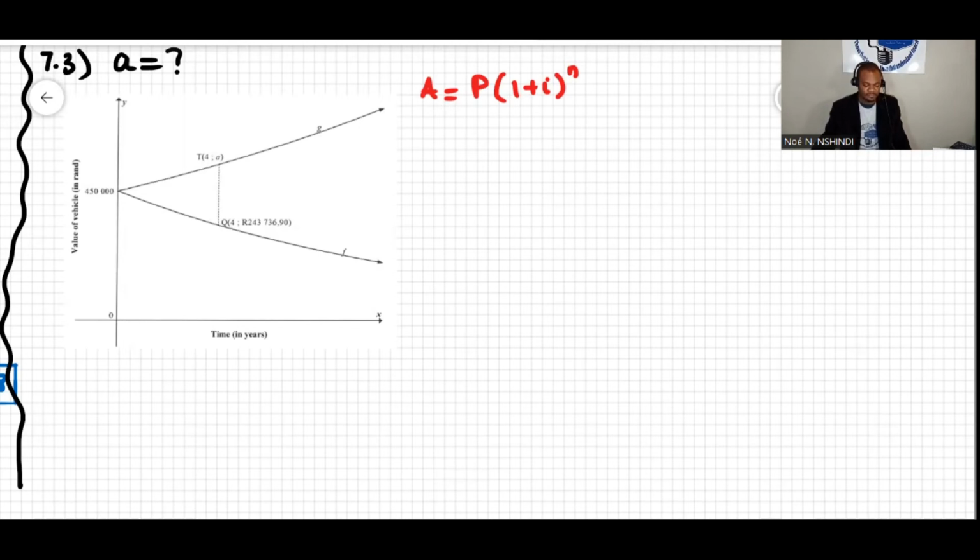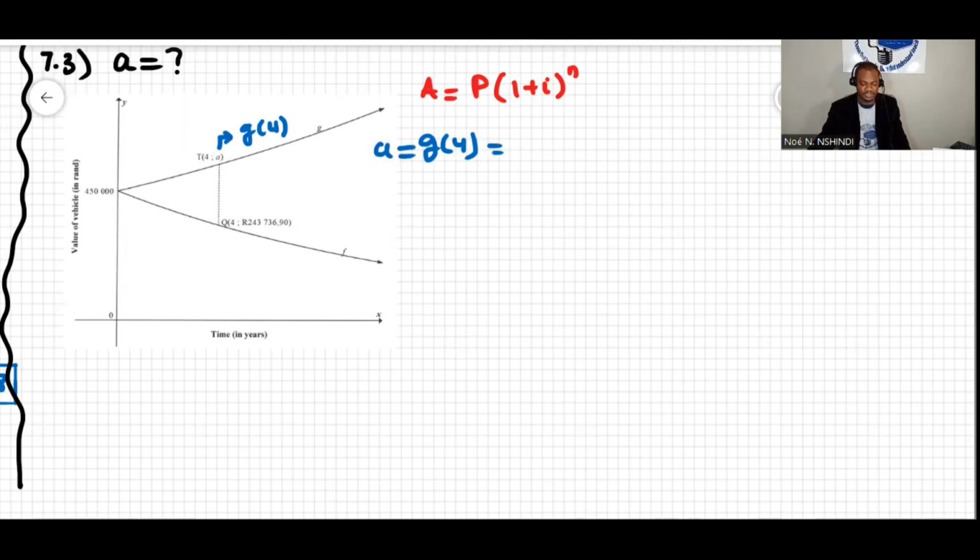A is the same as G of X when X is equal to 4. To be precise, A equals G of 4.